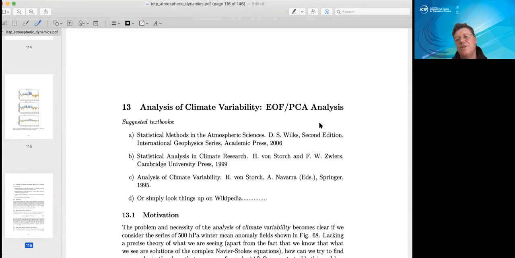Now we have to cover today one more topic, which is a little bit shorter: the principal component or empirical orthogonal function analysis. It's a purely statistical tool in this case. Again, I cover this because no one else is doing it, and it's very useful.